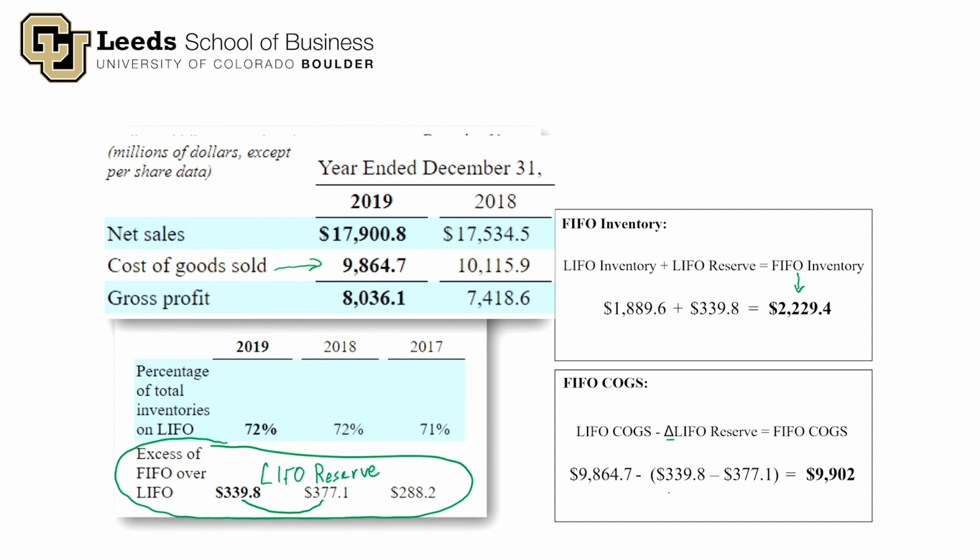This is 2019 minus 2018. That's the change in the reserve, and we're going to subtract that change. When we do that math, we end up with 9902. That's what cost of goods sold would have said on the income statement if the company had used FIFO for all of their inventory. And that's how you convert LIFO to FIFO using the extra disclosure of the LIFO reserve.